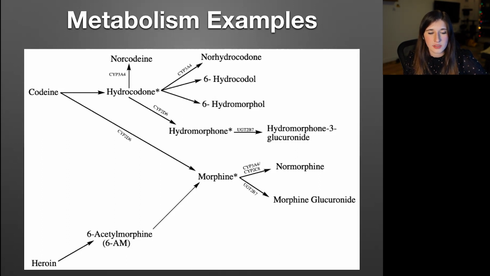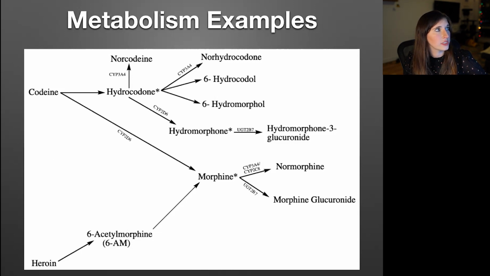And then on this slide too, you can see the differentiation between phase one and phase two metabolism. So what I said before on that slide that was talking about the CYP450 genes, you can see here that there are several enzymes that are in that smaller font.